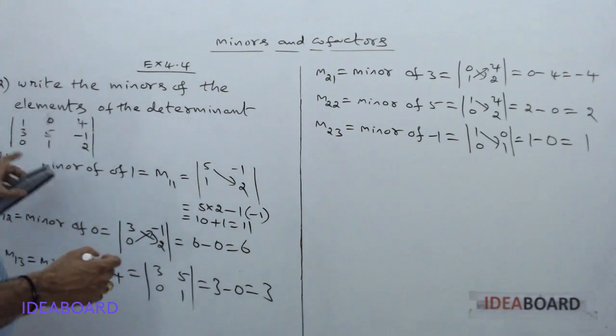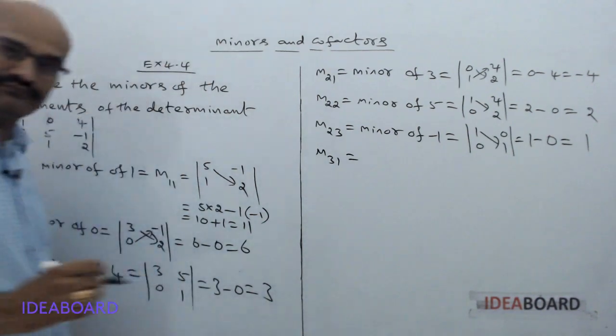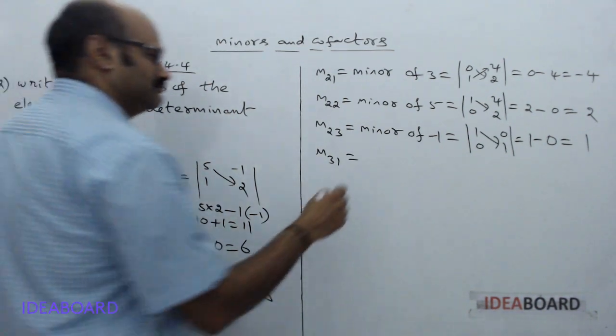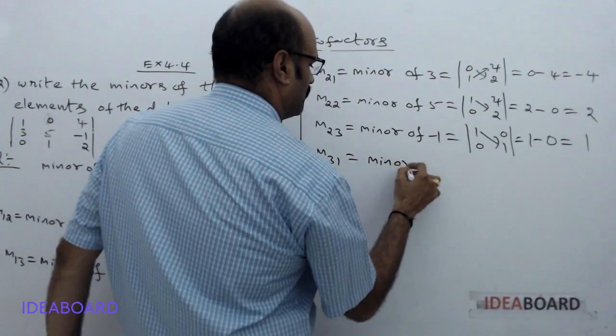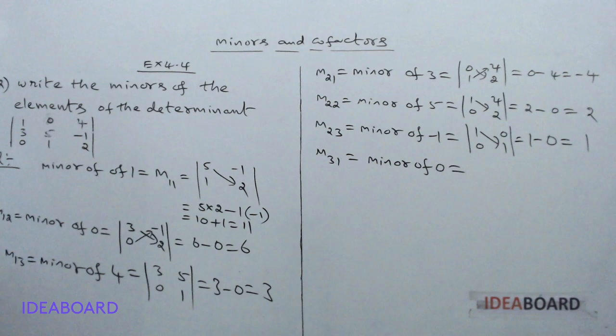Next, M31, minor of 0. Now we have to identify in which row the element 0 lies.